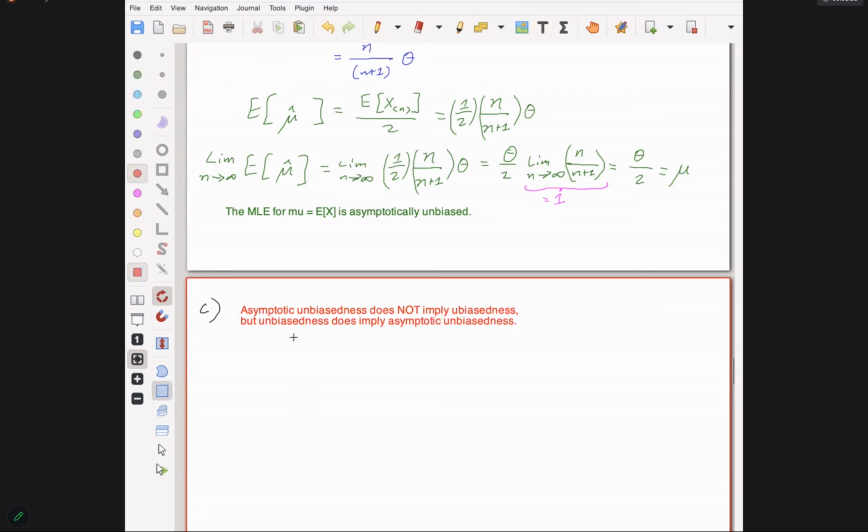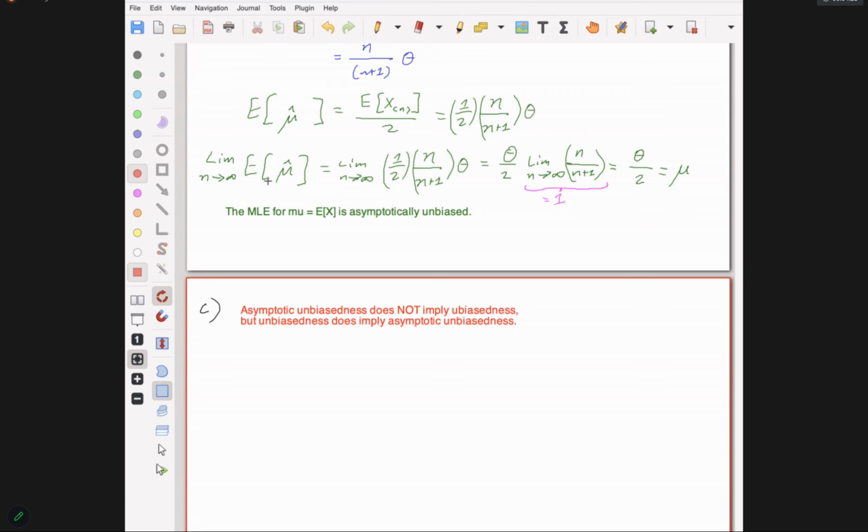And the reason we have a concept of asymptotic unbiasedness is that it is useful in situations where we have an estimator that may be biased, but for large values of n, the bias is negligible because the expectation approaches the true value of the parameter.